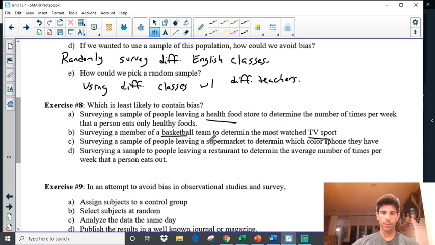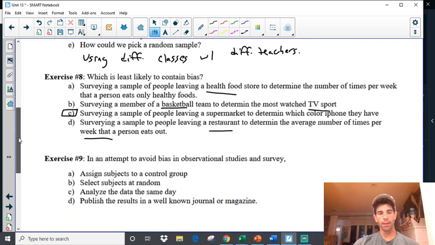Surveying a sample of people leaving a supermarket to determine which color iPhone they have. Supermarkets and iPhones don't really go together. Surveying a sample of people leaving a restaurant to determine the average number of times they eat out per week. Well, if they're at a restaurant, then they probably eat out. So the most random one that would have the least bias seemed like letter C.